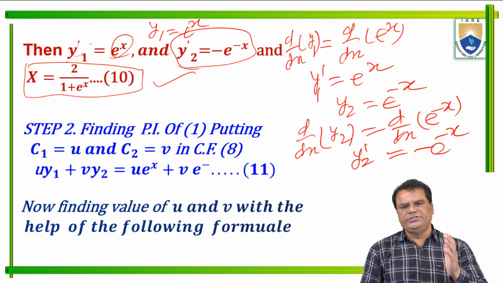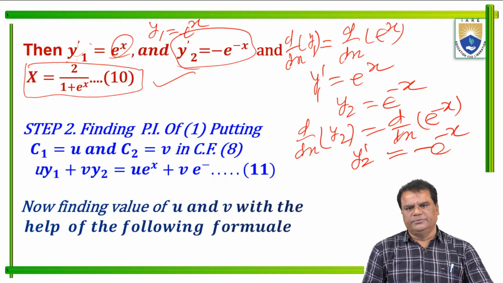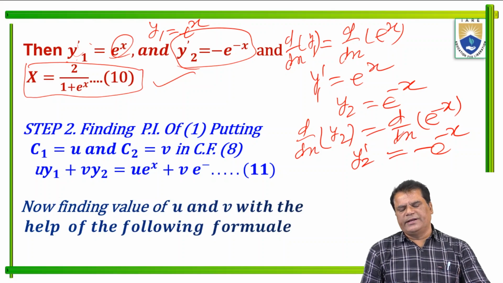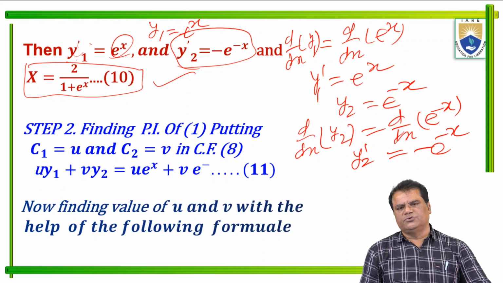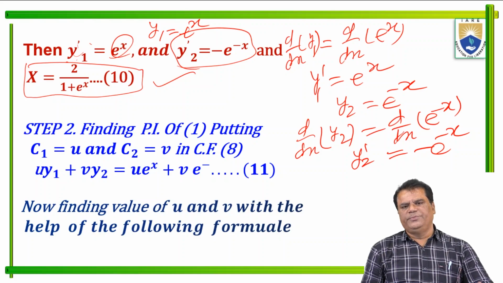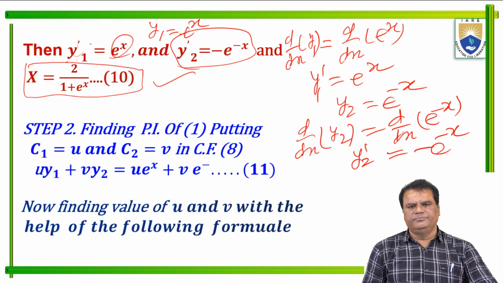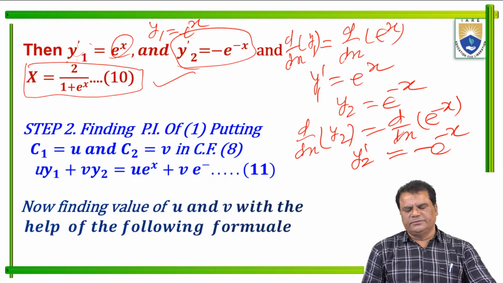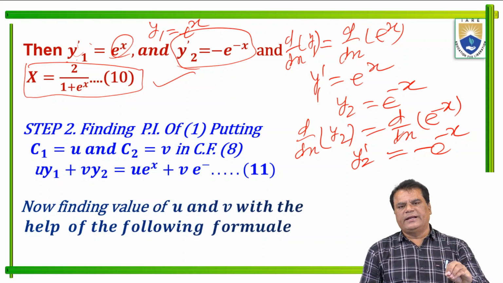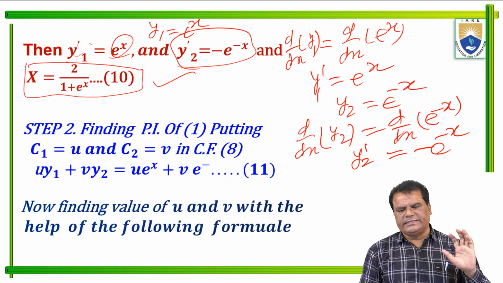In general, CF is C1 y1 plus C2 y2, where C1 and C2 are arbitrary constants and y1, y2 are solutions. So after comparing, we get two solutions: y1 is e to the power x and y2 is e to the power minus x.